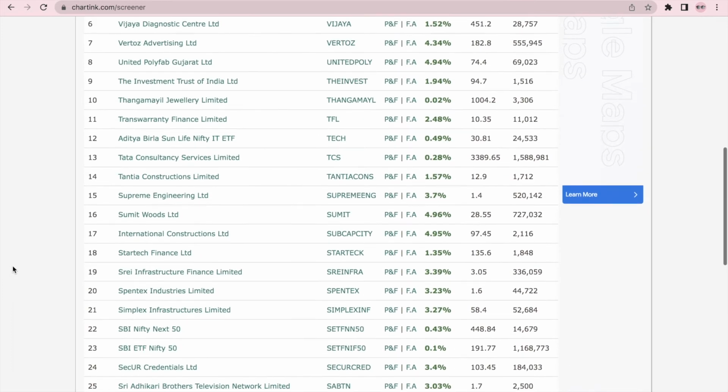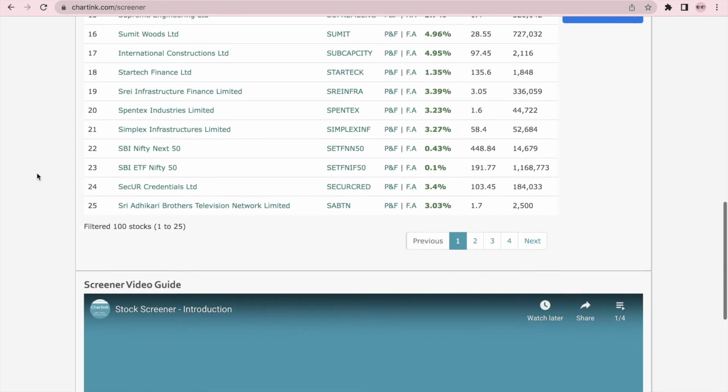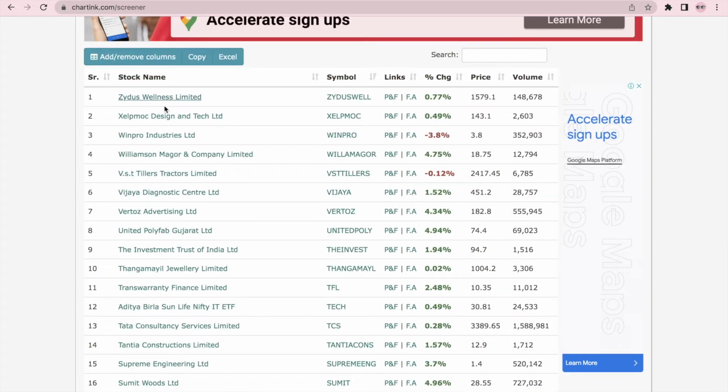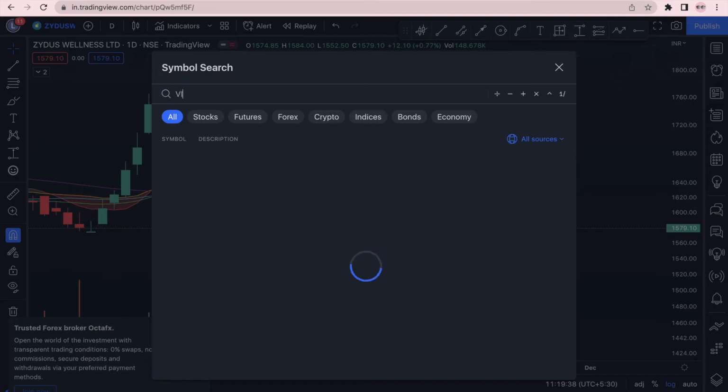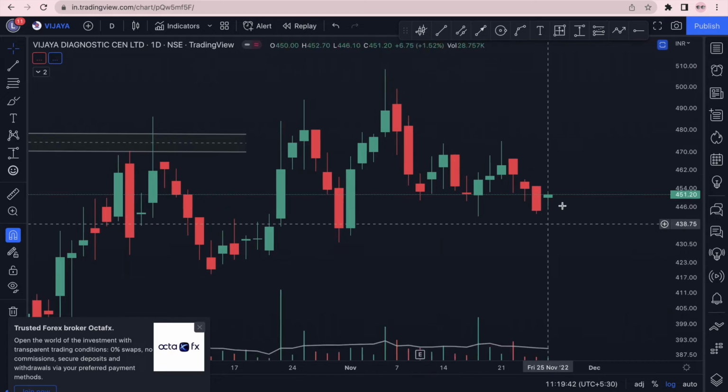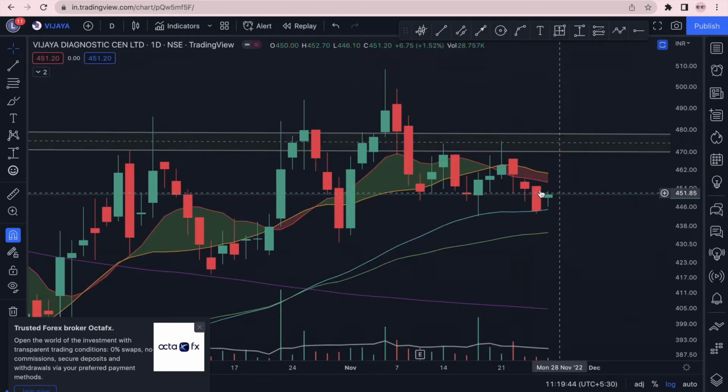So if you see, these are all bullish candles. Okay, so Zydus, WinPro, Vijaya Diagnostics. Let's check out Vijaya. So you see this.